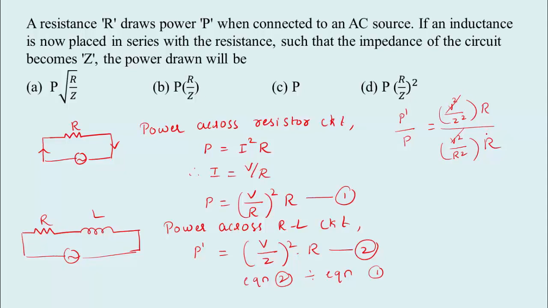So we will get simply R square divided by Z square. So P dash divided by P equal to R square divided by Z square.